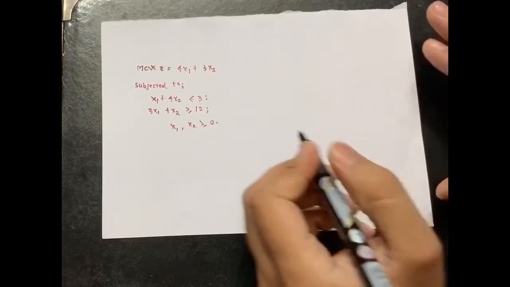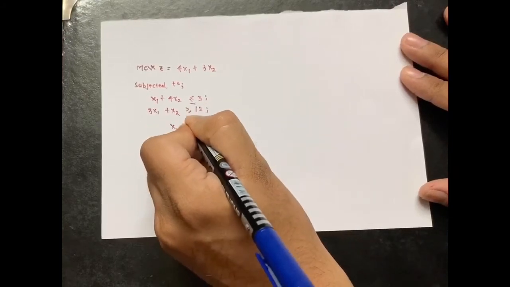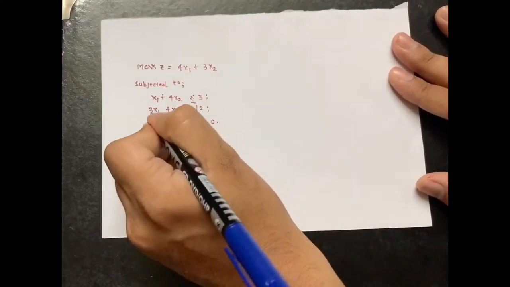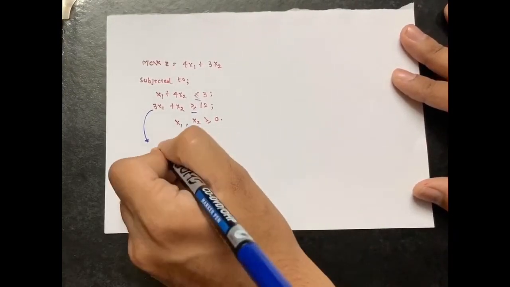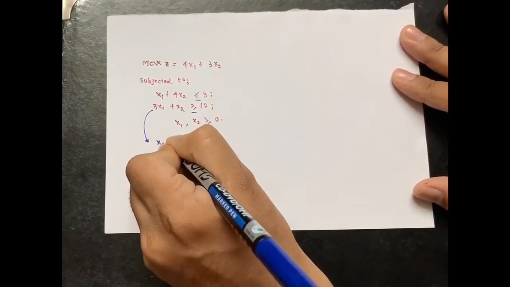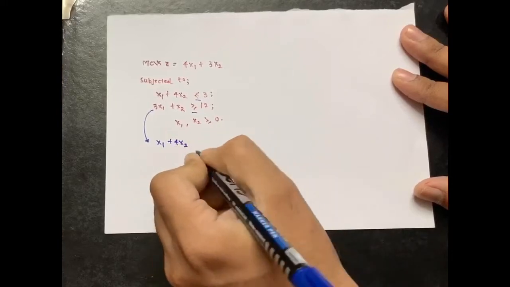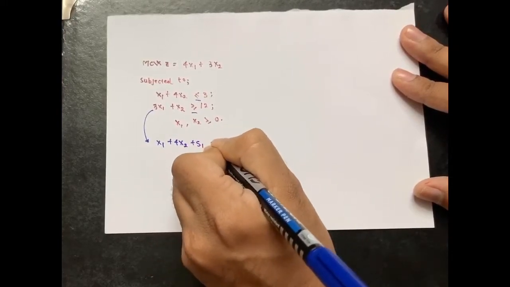In this case we have two different types of constraint limitation. One is the less than or equal to type, and the second is the greater than or equal to type. If I quickly convert them into equalities, x1 + 4x2 + s1 = 3.